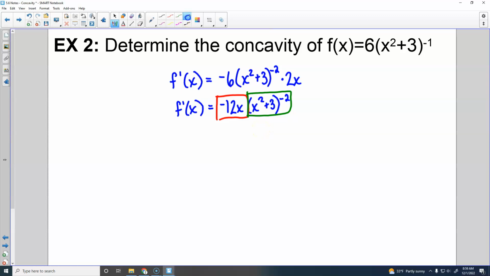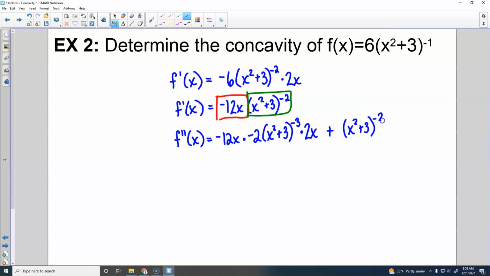So, Paul, when we try to take our second derivative, what are we going to get? So you have negative 12x times negative 2 times x squared plus 3 to the negative third power times 2x. And then it's plus x squared plus 3 to the negative 2 power times negative 12.